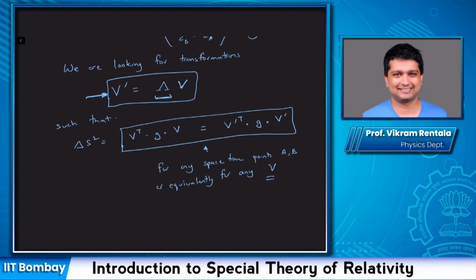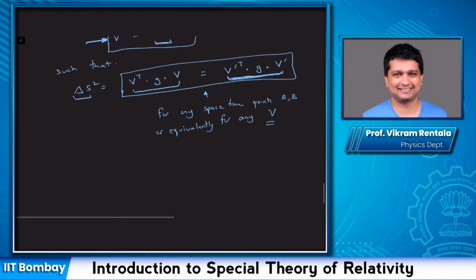We want to find the most general set of such linear transformations, such that this product of matrices, which gives us a single number, which is the space-time interval, is exactly the same as this product of matrices in our new coordinates.